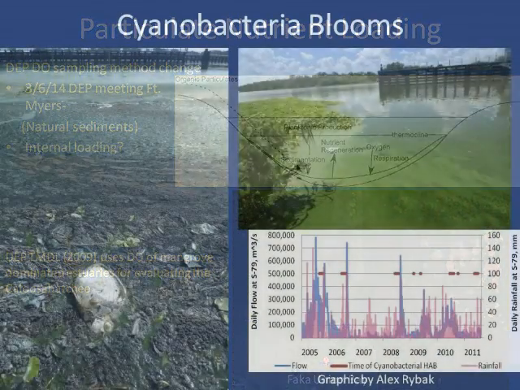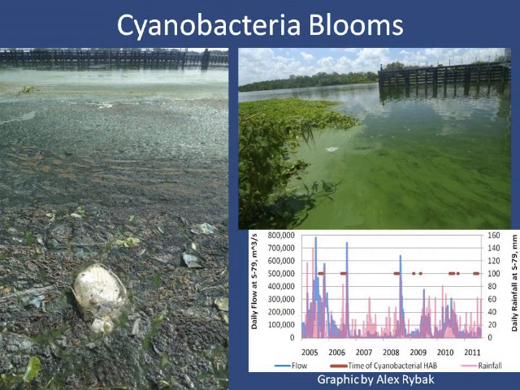We have cyanobacteria blooms in the river almost every year when the locks are closed at S79. This produces organic matter that settles out and also increases oxygen demand.